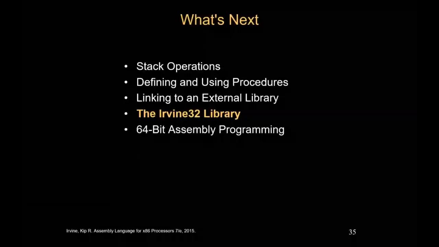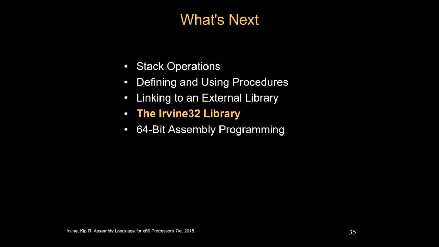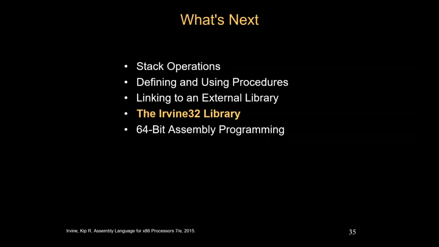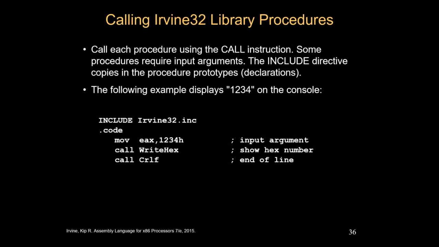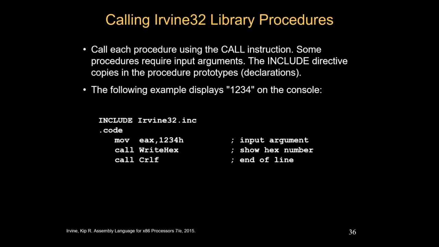I'll say, yesterday when we departed, we said we would be doing these libraries, calling Irvine32 library procedures. We know from yesterday that in Irvine32 we call each procedure using a call instruction. Some procedures require some argument. The include directive in Irvine32 copies the procedure prototypes.